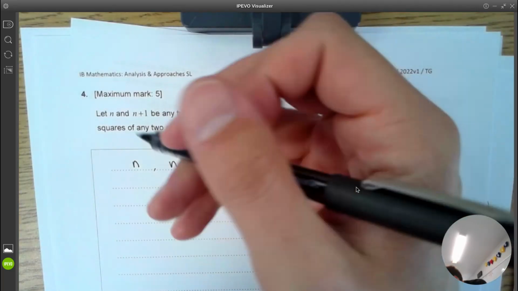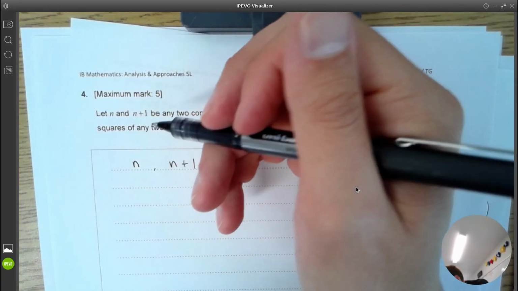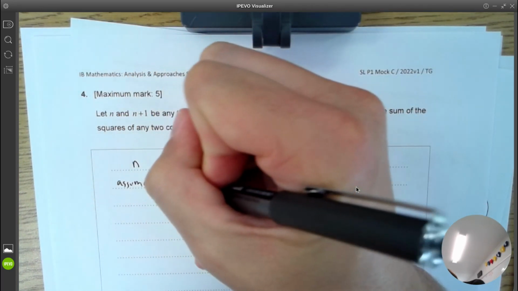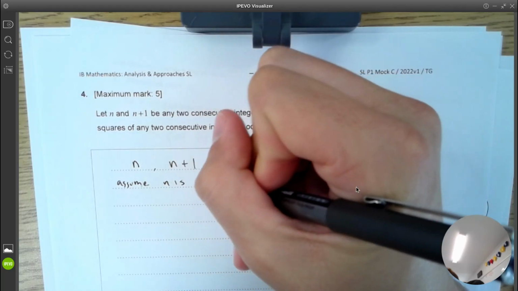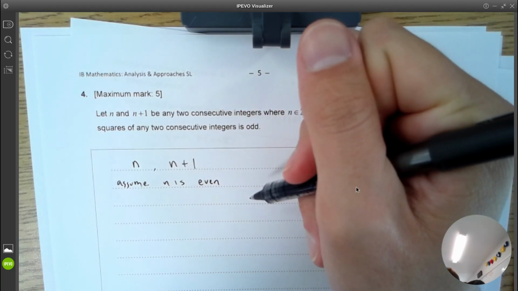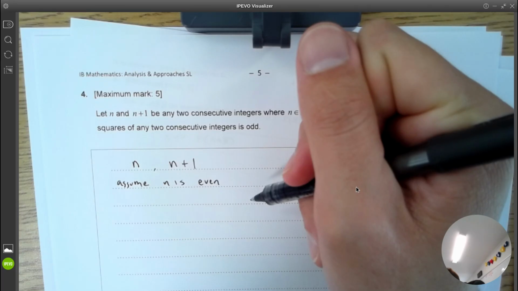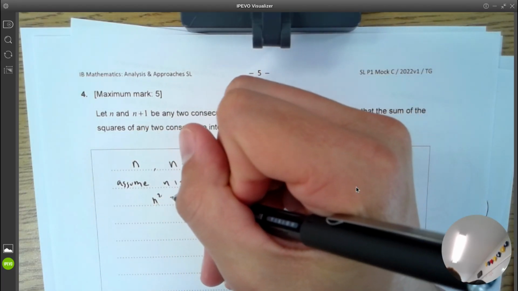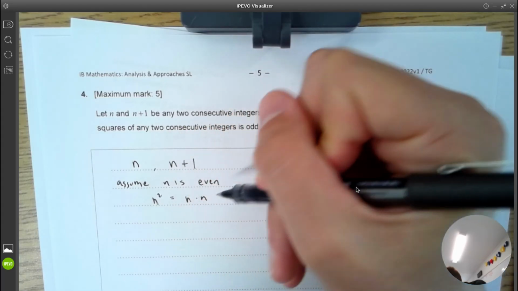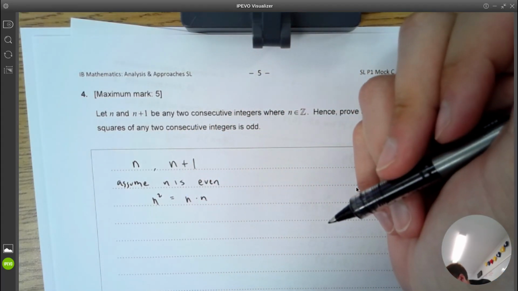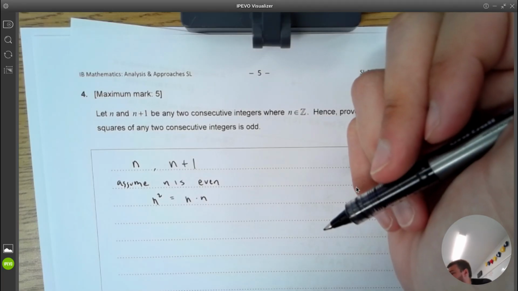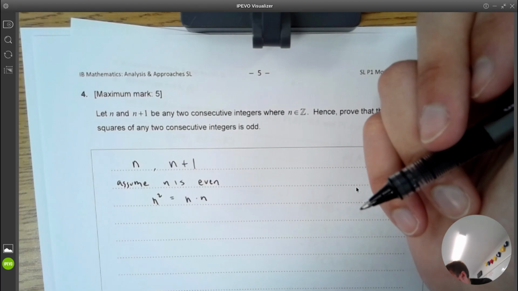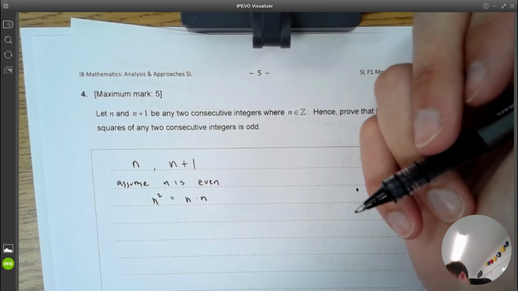So let's say we pick, let's say assume n is even. If n is even, then that means that n squared is equal to n times n. And when you square an even number, you should always get an even number.